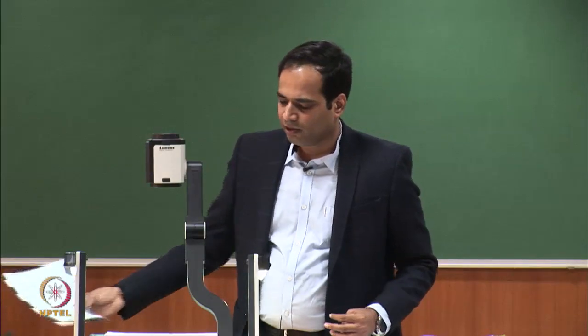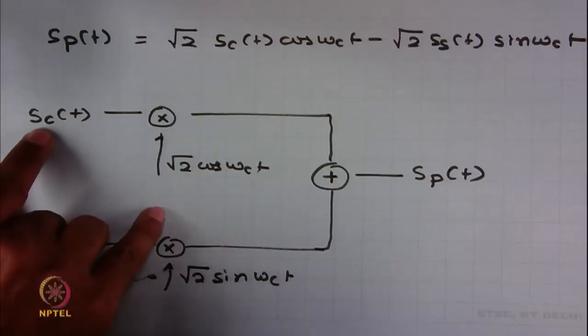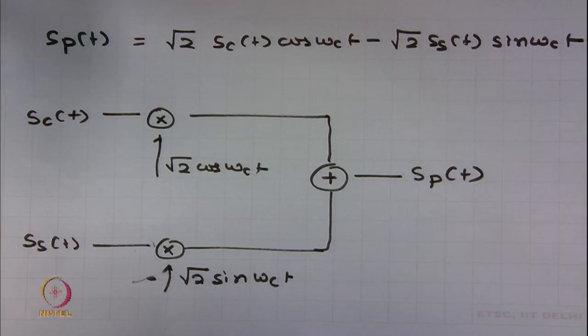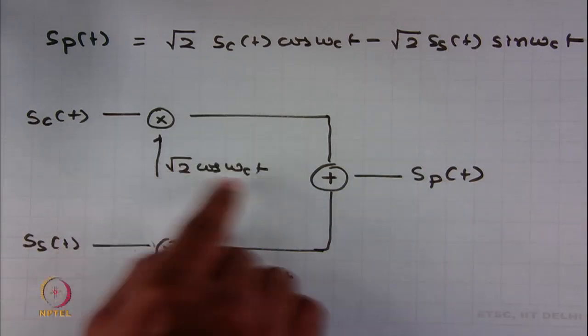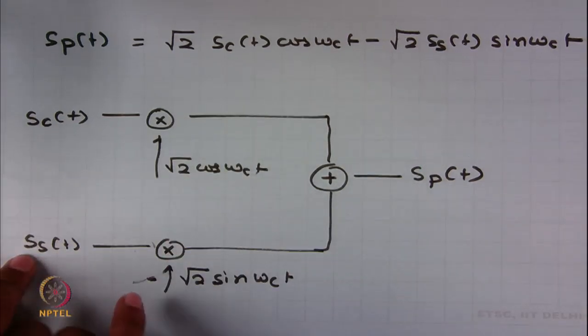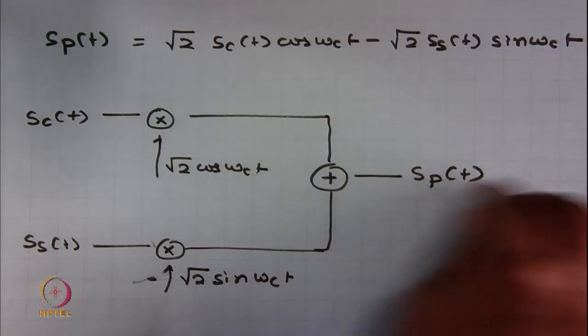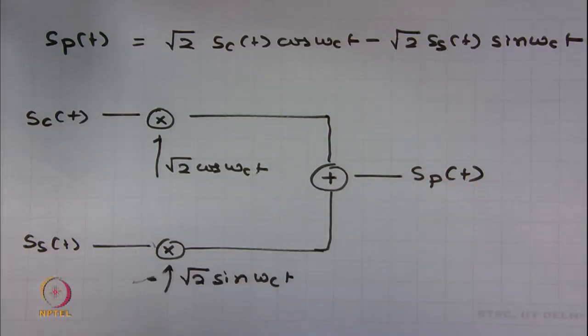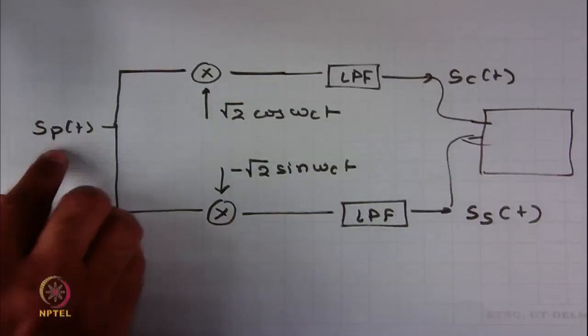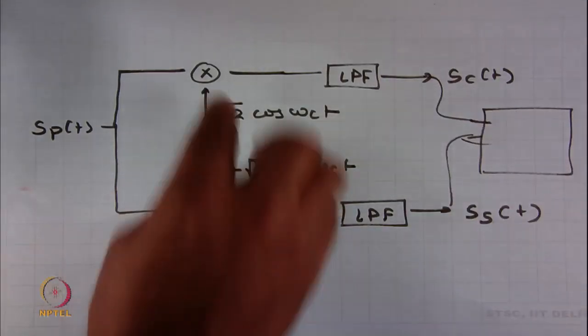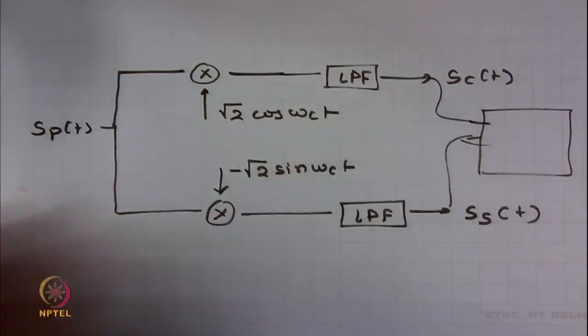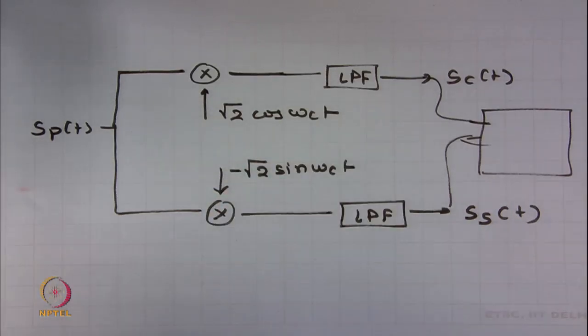So, you have s_c(t), which is the real part of this complex baseband signal, multiply this with cos ω_c t, multiply s_s(t) with sin ω_c t, add these two things to get s_p(t), and then we can also go back from s_p(t) to s_c(t) and s_s(t) by having again the multiplication with cos and sines and passing them through a low pass filter. And then you can take this s_c(t) and s_s(t), and a baseband processor can process these signals.